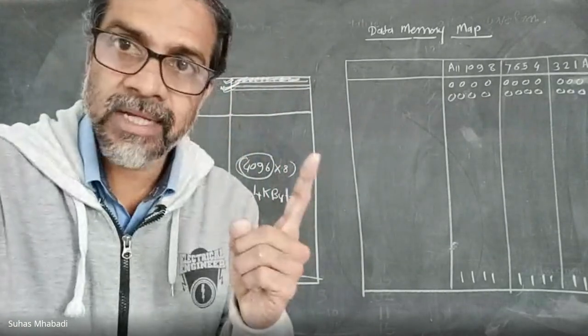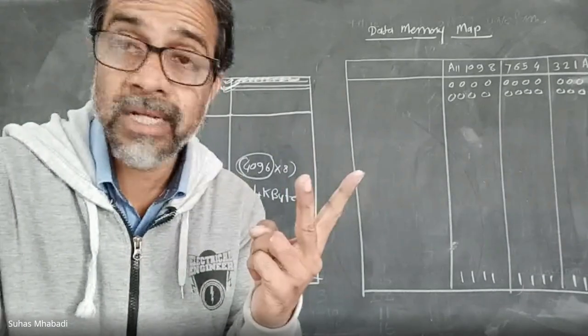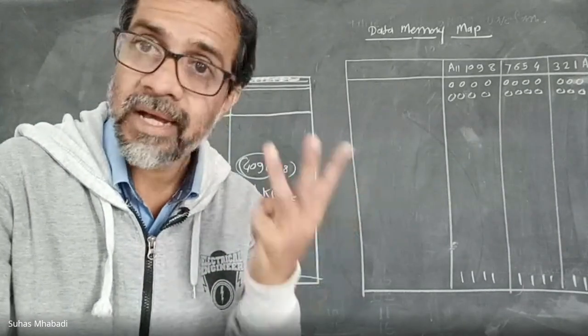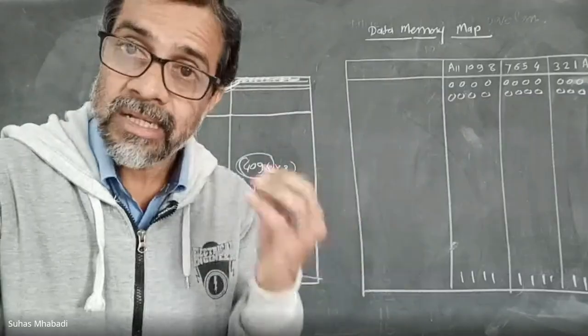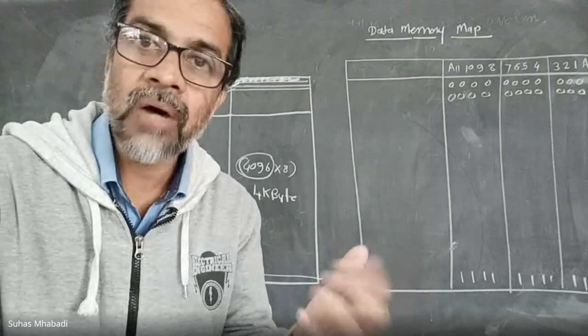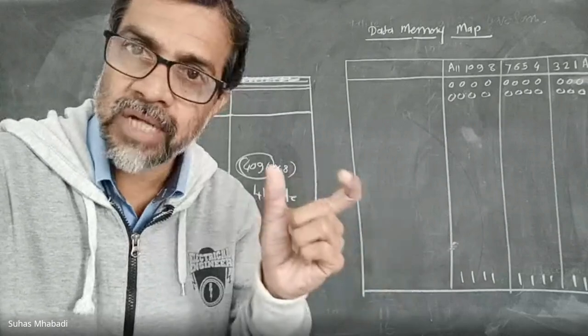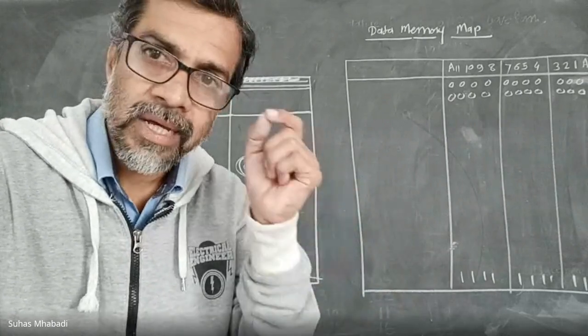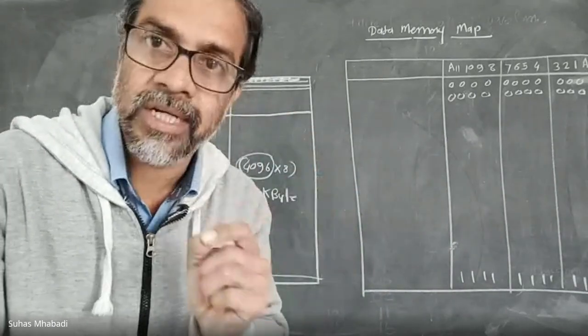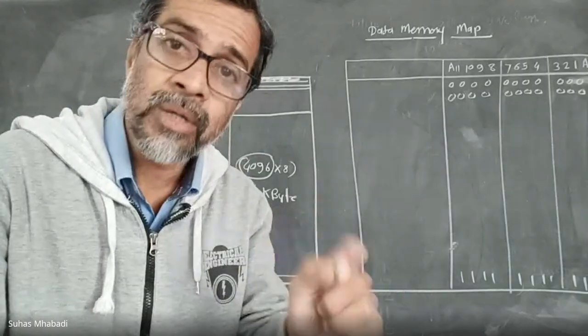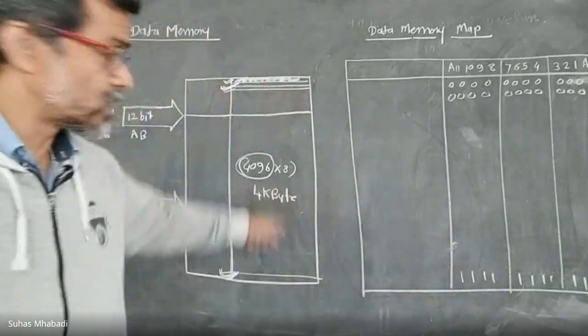As I said, one line, two combinations; two lines, four combinations; three lines, eight combinations; four lines, 16 combinations. So if we have 12 lines, we have 4096 different combinations, and those are nothing but the addresses given to individual registers, and they should be unique. That address should not be transferable to any other location, any other register.